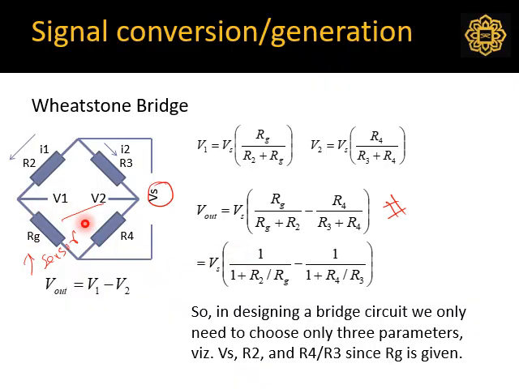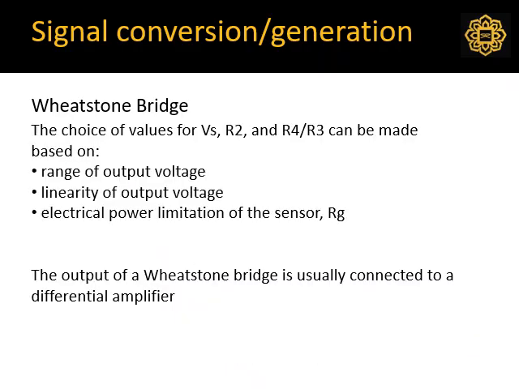So usually for convenience, this is the solution for V1 minus V2. V1 minus V2 will give you the output voltage, which is this. Now in designing a bridge circuit, we only need to choose only 3 parameters. So basically what we do is, let me show you.